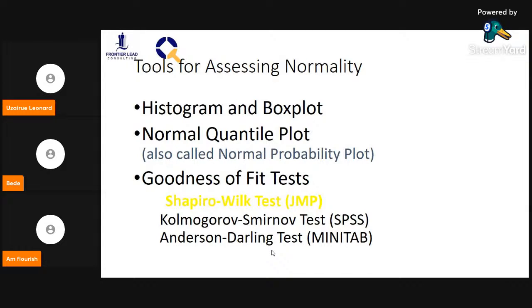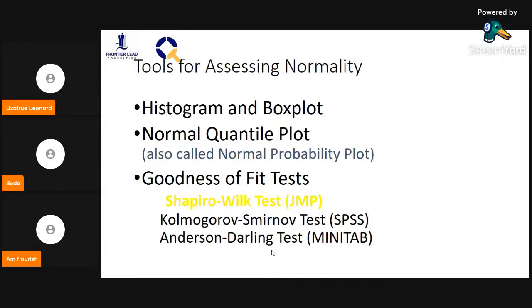In this goodness of fit test, we have two types. We have the Shapiro-Wilk test, SW. That is usually used in a software called JMP, although we also use it in SPSS. Then we have the Kolmogorov-Smirnov test, that is what we refer to as KS test.